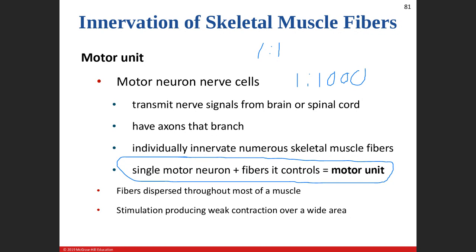Okay, you're not going to have as fine a control with that, right? So we're going to spread that stimulation over a wide area there. Okay, so keep that in mind. The smaller the ratio, the more fine motor control you have. The larger the ratio, the less fine motor control that you're going to have.